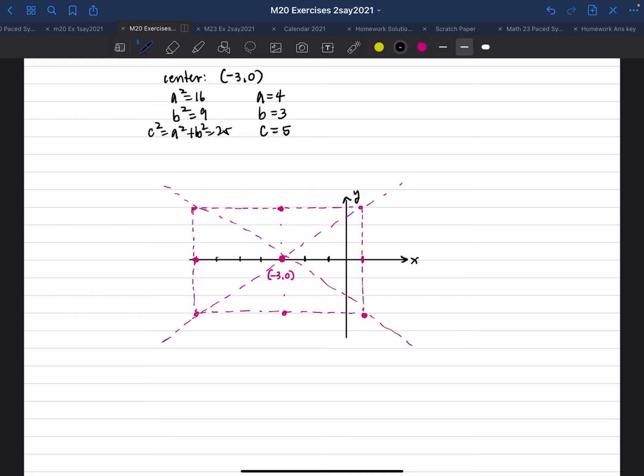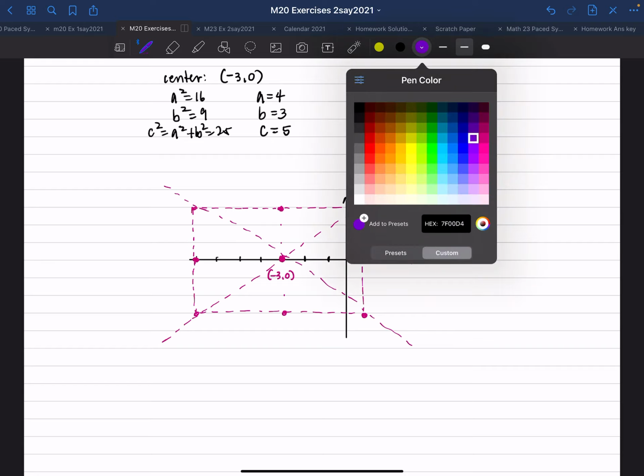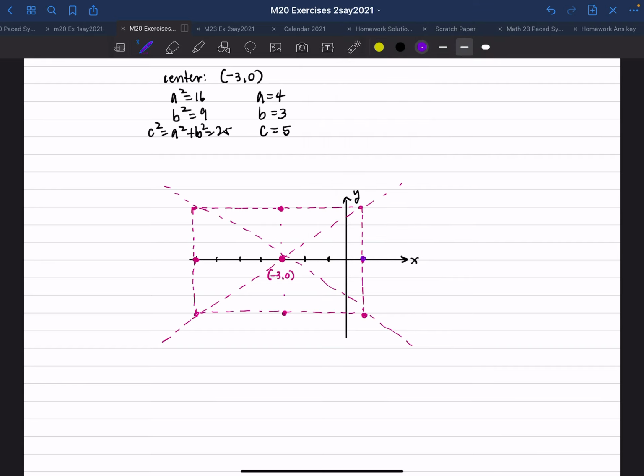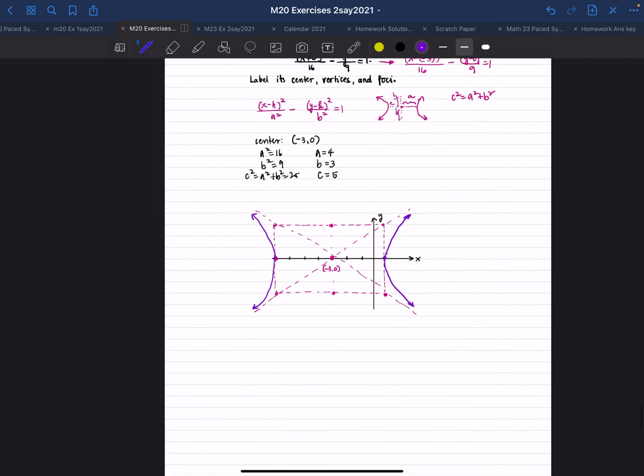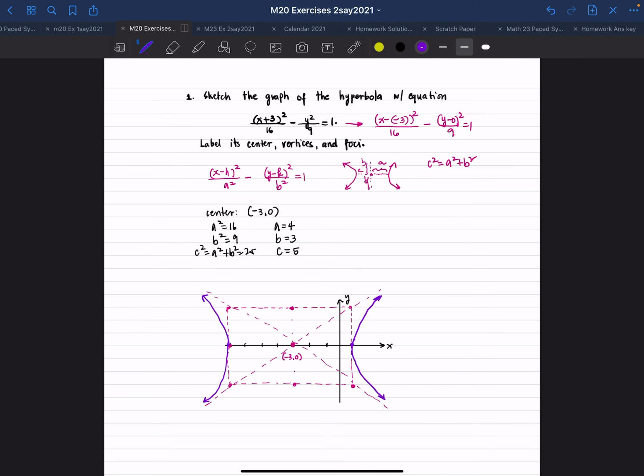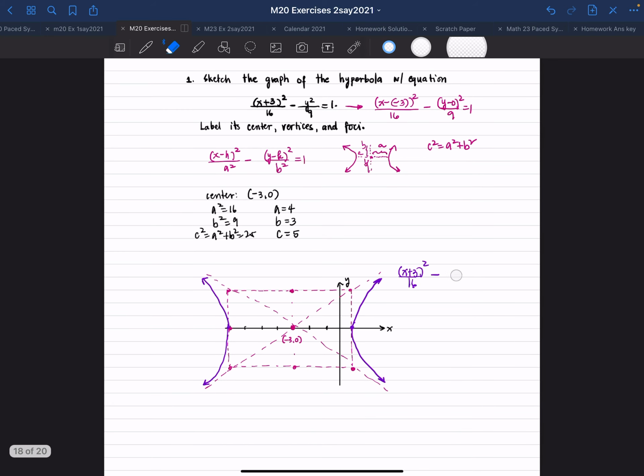Okay, so your hyperbola is horizontal. So this is your hyperbola. Yung naka-violet. Drawn in violet. So that is (x plus 3) squared over 16 minus y squared over 9 equal to 1.